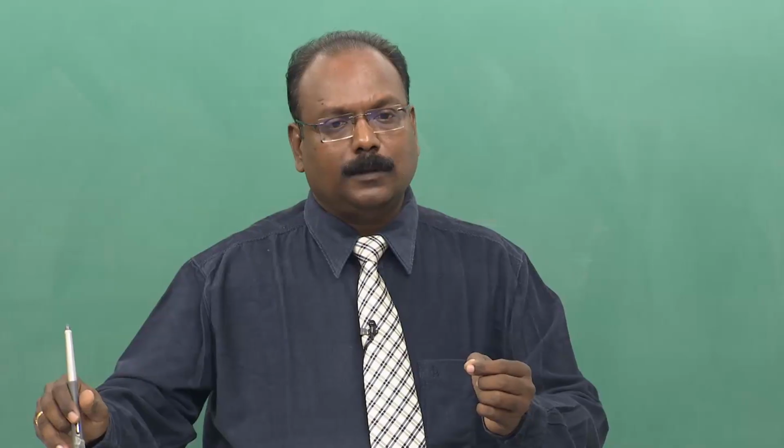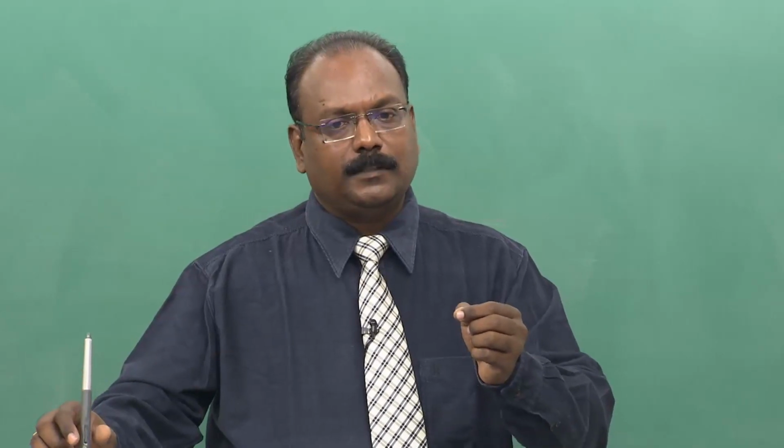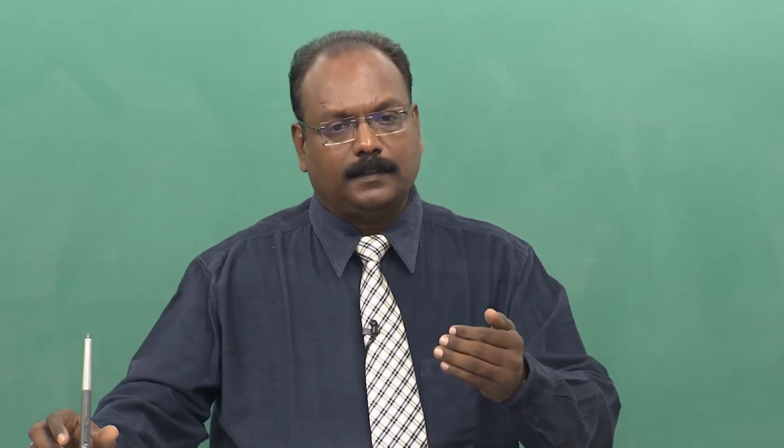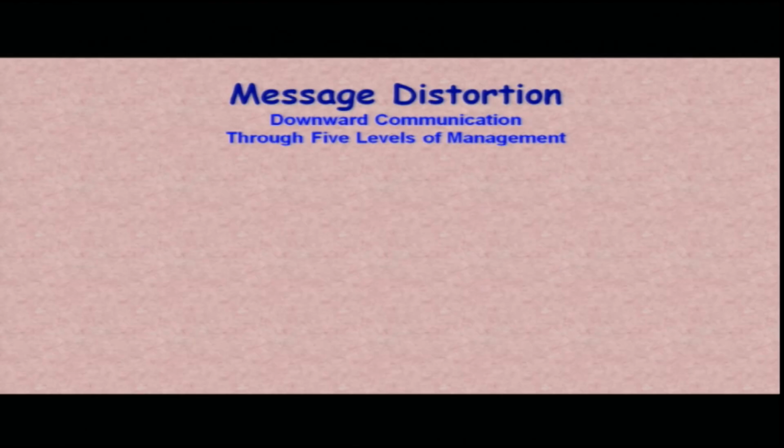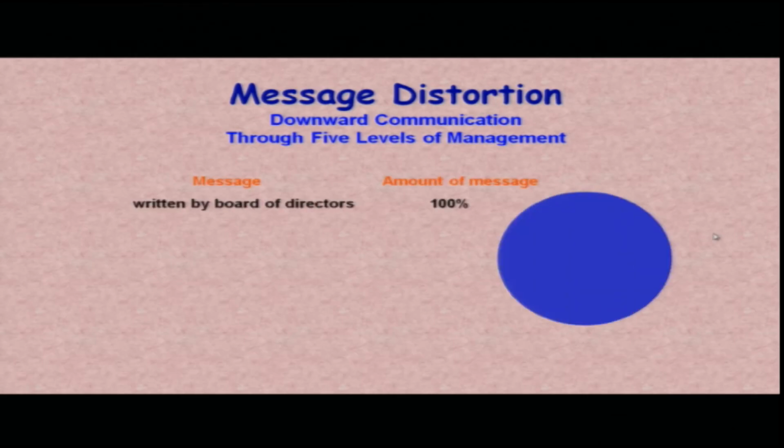Now let us look at one message distortion as it is analyzed in terms of downward communication through 5 levels of management. What happens when the message is first written by the board of directors? The message is 100%.